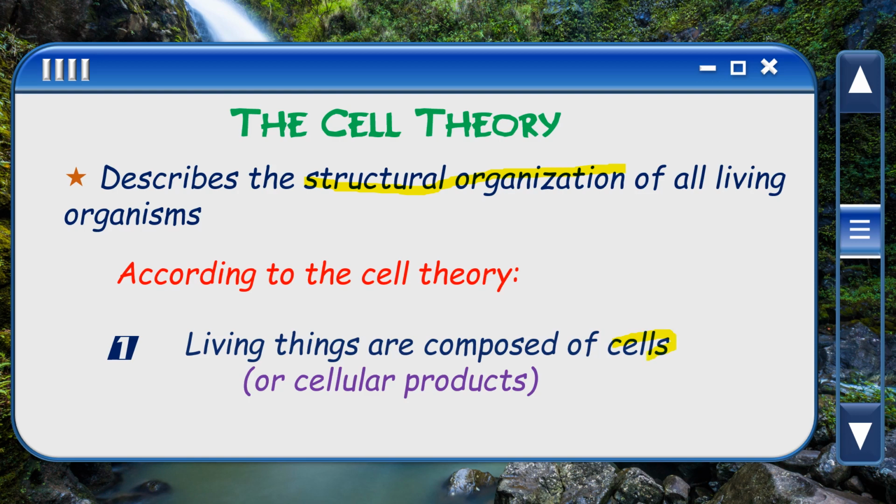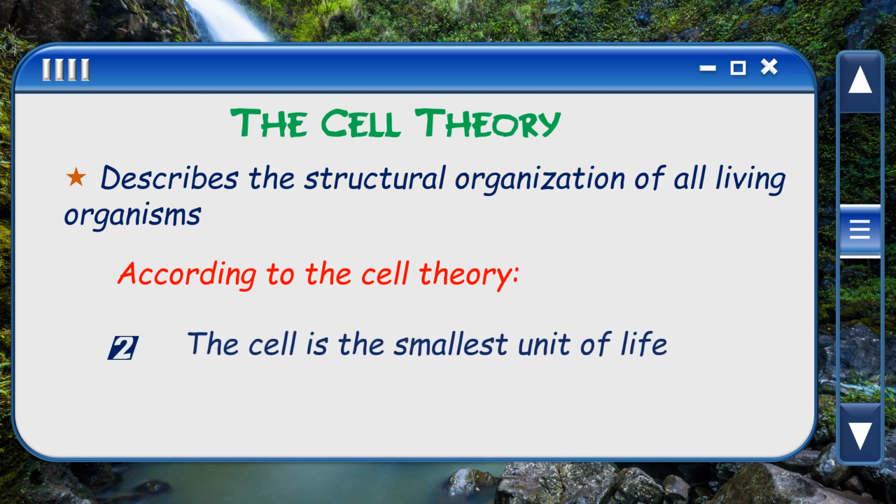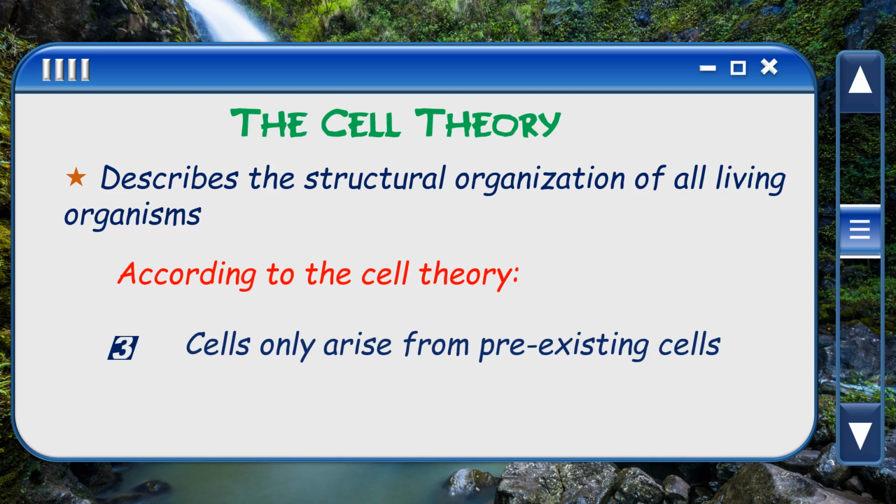Living things are composed of cells or their cellular products. 2. The cell is the smallest unit of life. 3. Cells only arise from pre-existing cells, meaning that cells come from existing cells.